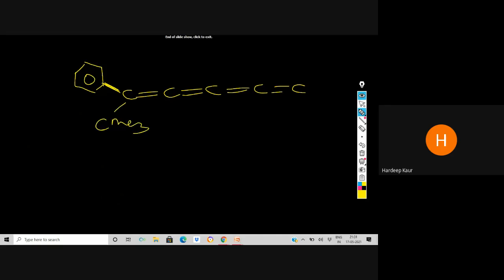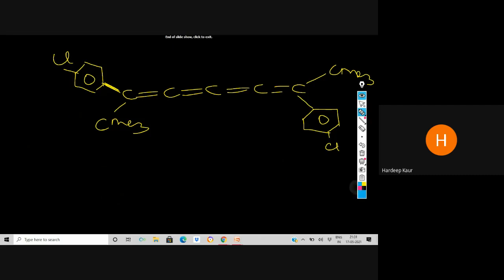So let us take one example. Suppose you have this type of cumulene, C double bond C double bond C double bond C. Now we have to determine whether this cumulene is optically active or not, meaning whether it is chiral or not.